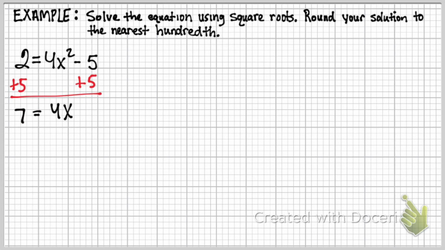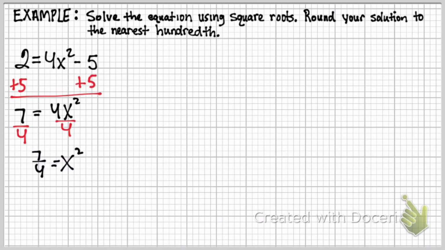Now, after you finish undoing adding and subtracting, the next step is to undo multiplication and division. So we have 4x squared, which is another way of saying 4 times x squared. So to undo that, I'm going to divide both sides of the equation by 4. If you're wondering why I'm undoing the parts of the equation in the order that I'm undoing them in, check out, again, part number 4 of your notes.